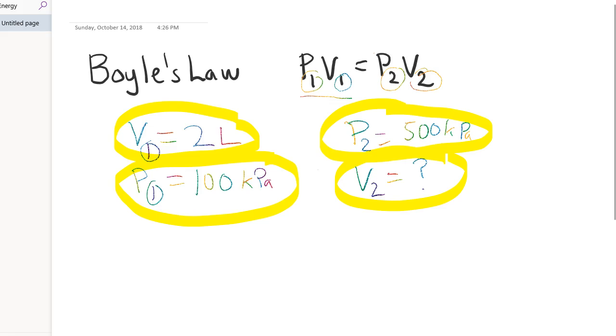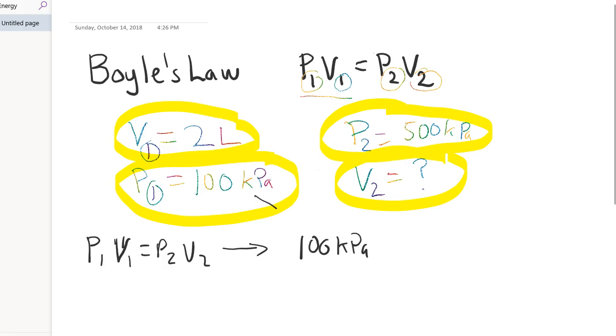So our equation is P1 V1 equals P2 V2. Let's just do a little work. We'll put P1 in, which is 100 kilopascals. We got that from there. And we're going to multiply that by V1, which is 2 liters.